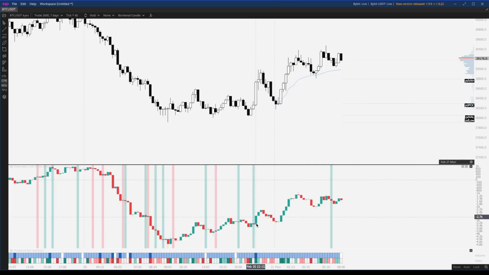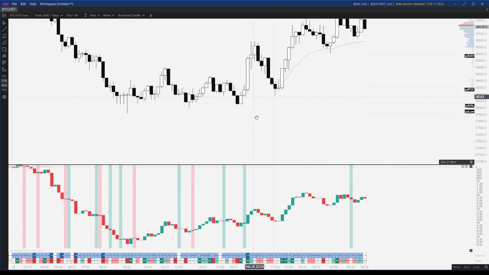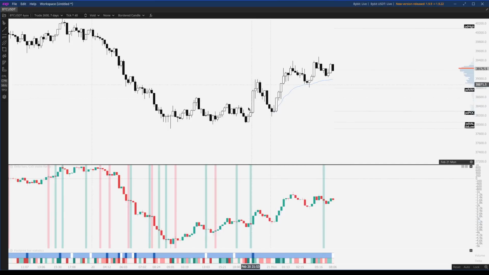There was a large amount of buying into it, but imagine if the cumulative volume delta candle would only look something like this or this. That would mean that this move up was driven by the limit order book, which happens from time to time.